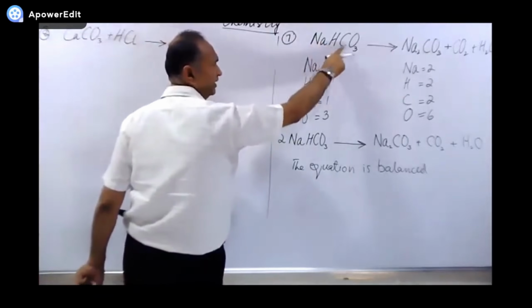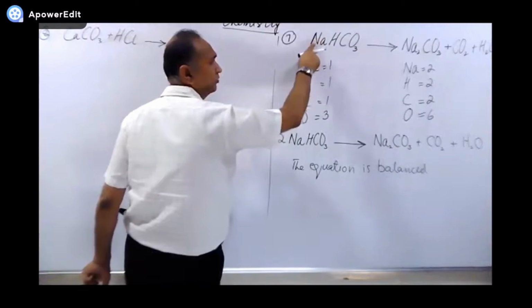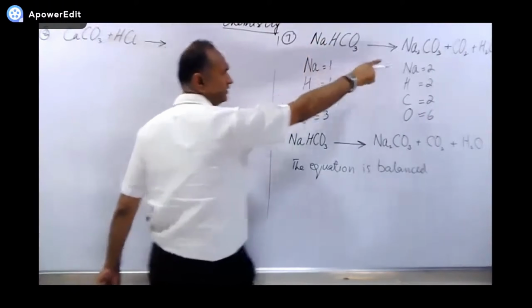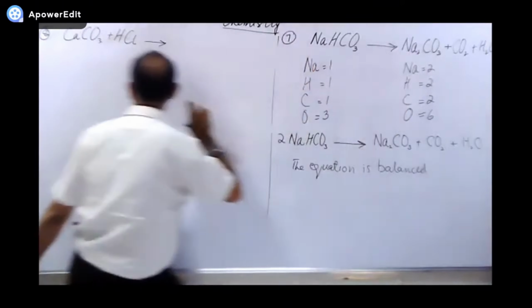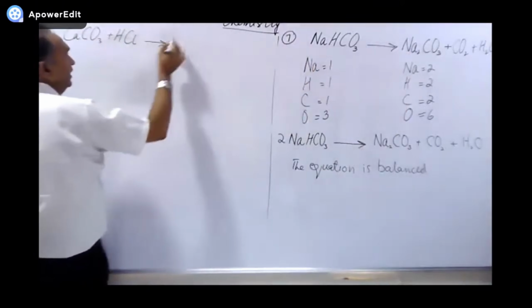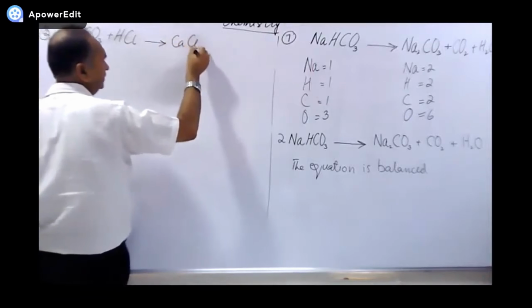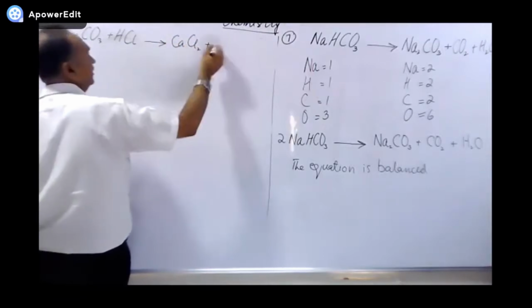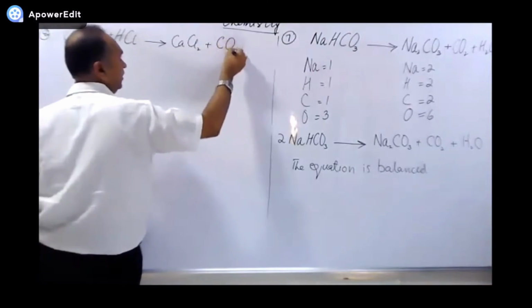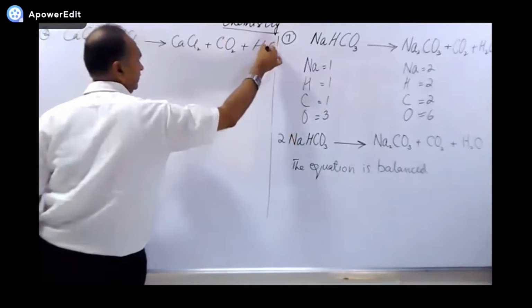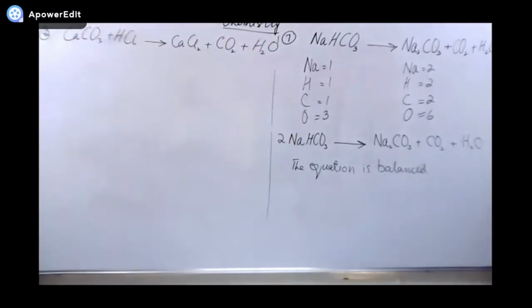Sodium bicarbonate, sodium hydrogen carbonate. And what is this, sodium carbonate? So this one is calcium carbonate. And what are the products? CaCl2 plus CO2 plus H2O. Okay?